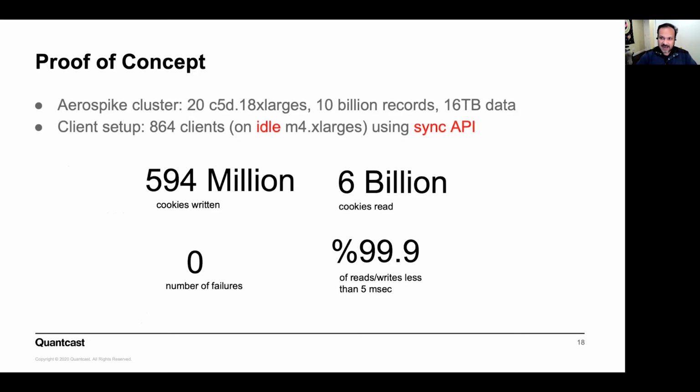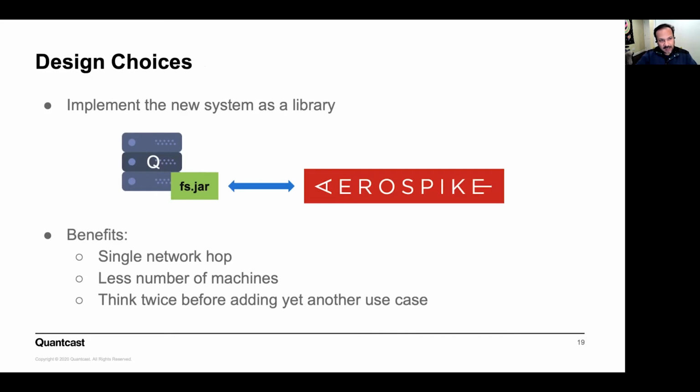However, note that we used the synchronous blocking API call for this proof of concept, so this was a synthetic benchmark that we did, and it worked well. Why this was a problem and why I have highlighted it, I'll talk about a little further in my presentation.